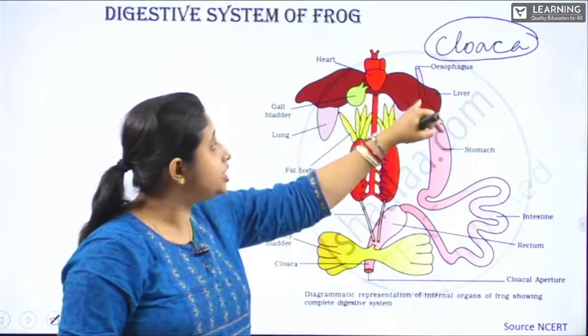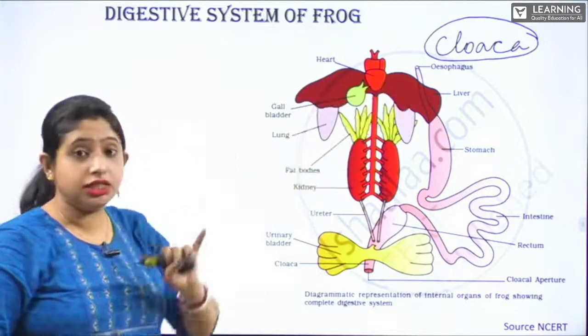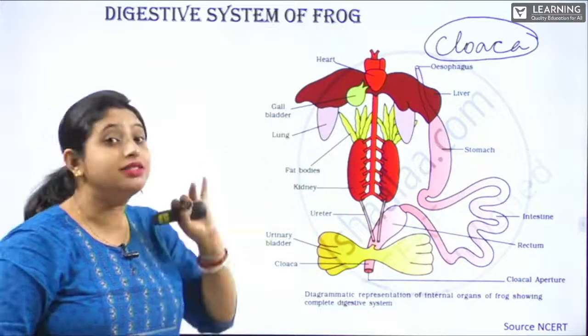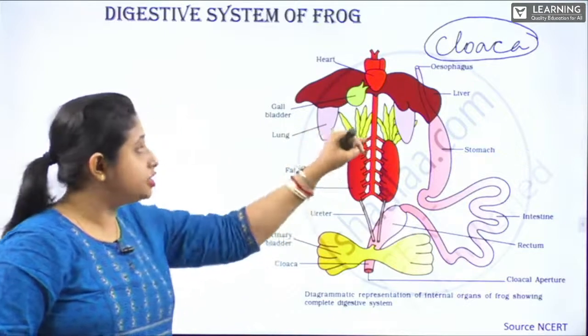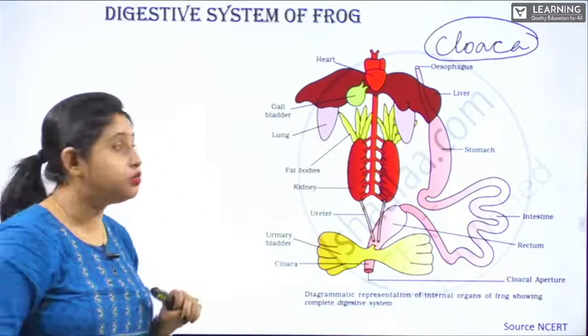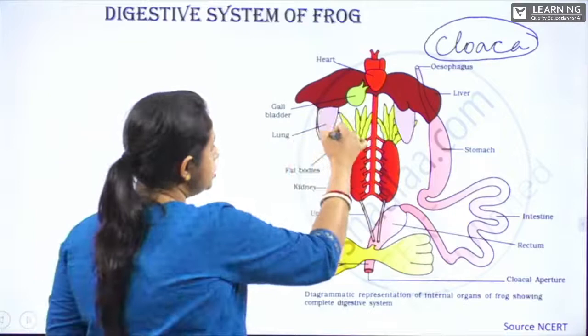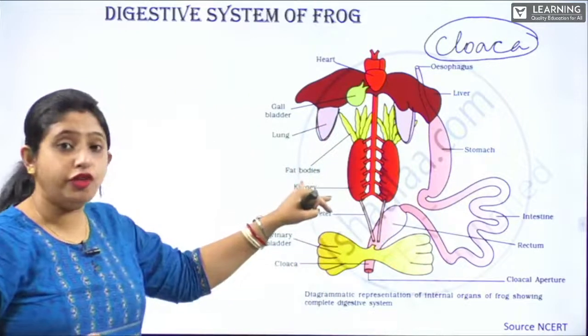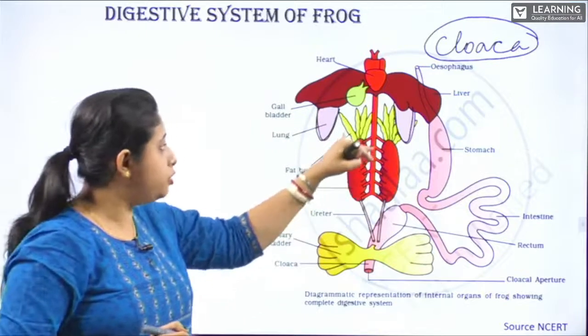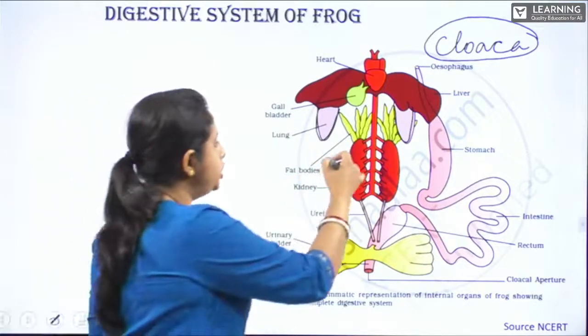Then this brown colored structure is the liver. And the pink colored structure is the lungs. They have a pair of lungs. They also have fat bodies, the yellowish structures you can see here.